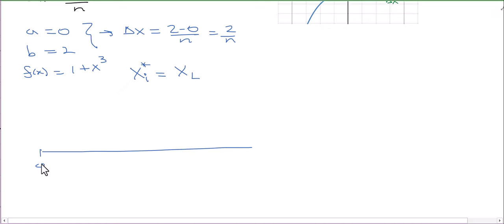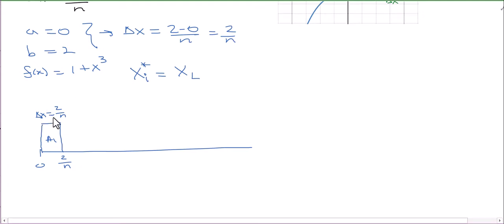So we're going from 0 to 2. Since my delta x is 2 over n, that means that our first rectangle, my A1, the area of the first one, will span from 0 to 0 plus 2 over n.